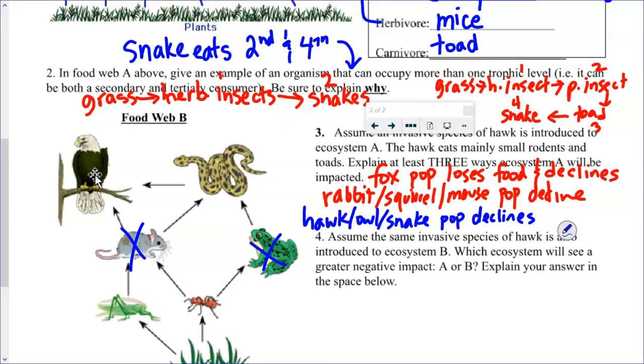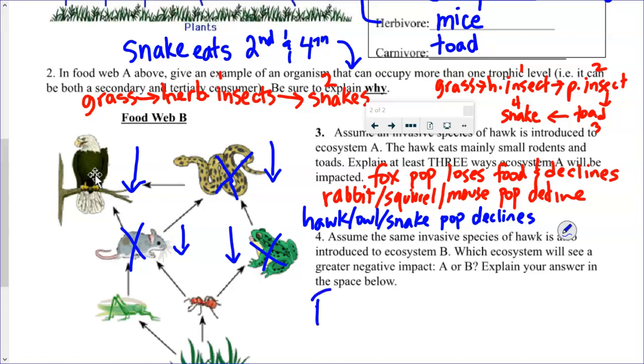Well, what's going to happen to the snake population? If that hawk's coming in and eating a lot of those main food sources for the snake, we'd probably see the snake population go down quite a bit. And if the snake population is going down because the mouse and the frog are going down, then the eagle population is probably going to go down quite a bit too. Those are the only 2 main food sources for upper level consumers, right?